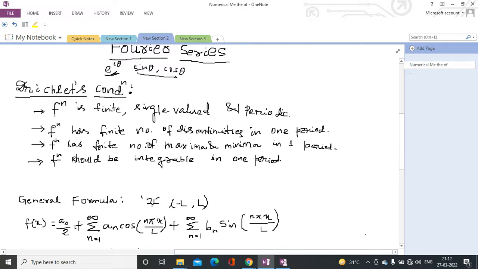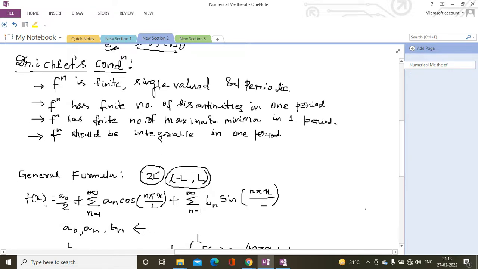Let's consider a periodic function which has a period of 2L, from minus L to L. That means the function is periodic with a period of 2L, and it is defined in the interval minus L to L. Then as per the general formula, f of x equals a naught by 2 plus summation n equal to 1 to infinity a n cos n pi x by L plus summation n equal to 1 to infinity b n sin n pi x by L.